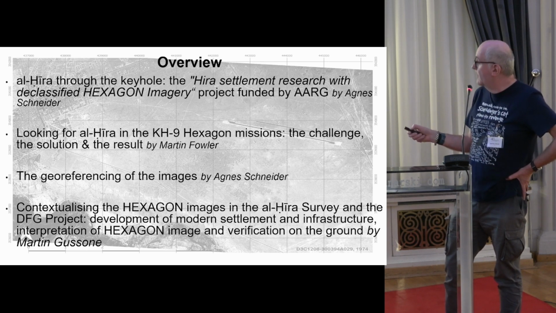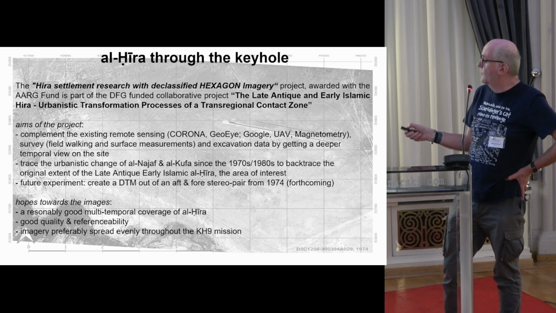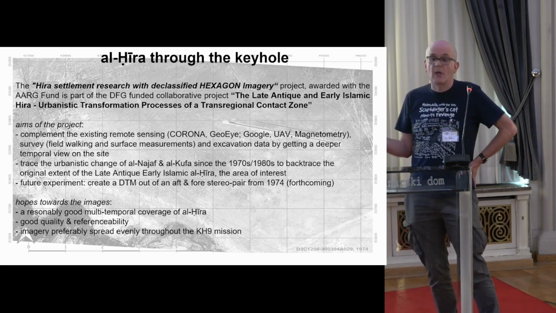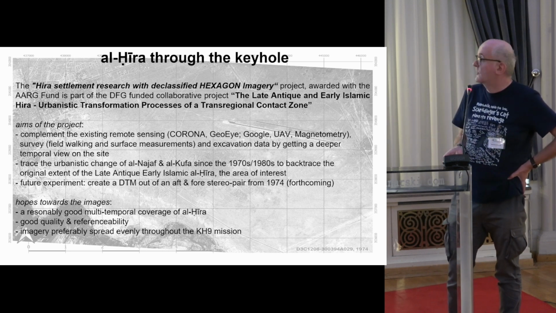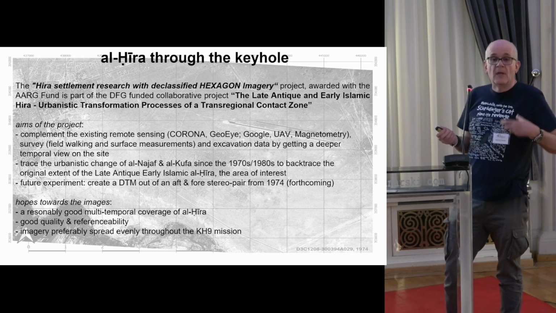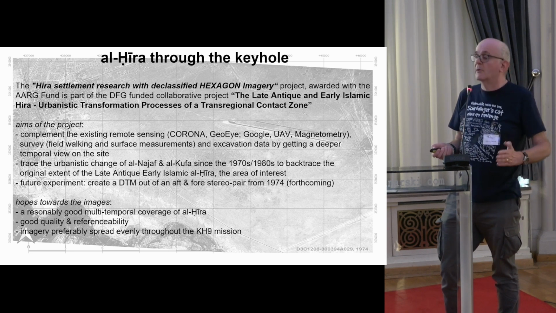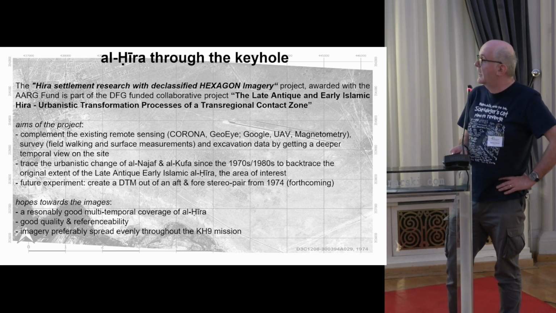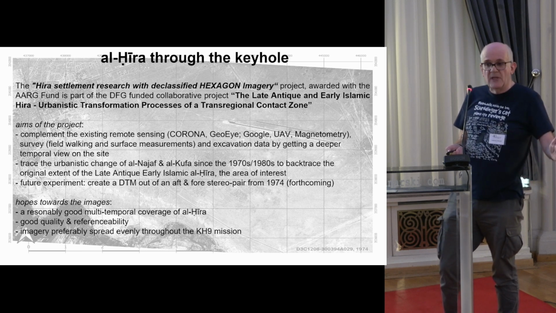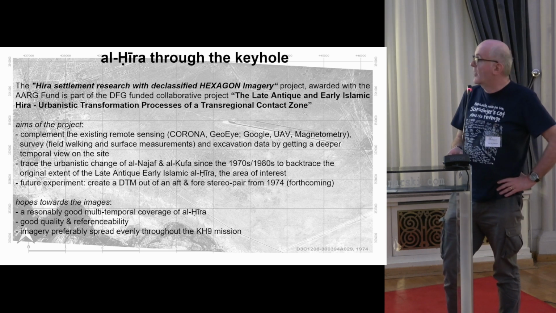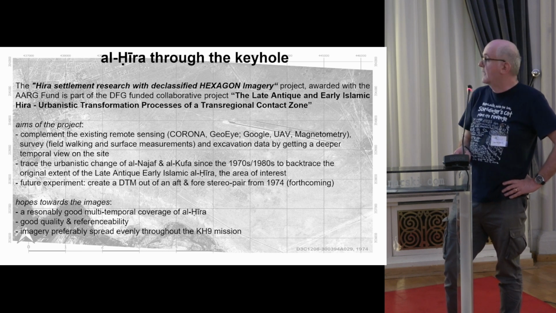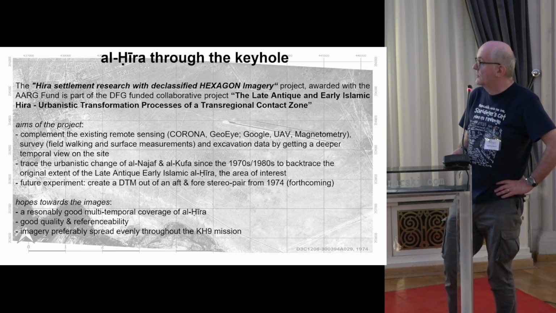So we've got Corona, GOI, Google Earth, UAV, and some magnetometry to look at how over time the encroachment of modern settlements has occurred into the al-Ḥīra area, and not yet, but ultimately to see if we can try and produce a DTM using the stereo imagery acquired by one of the hexagon missions.